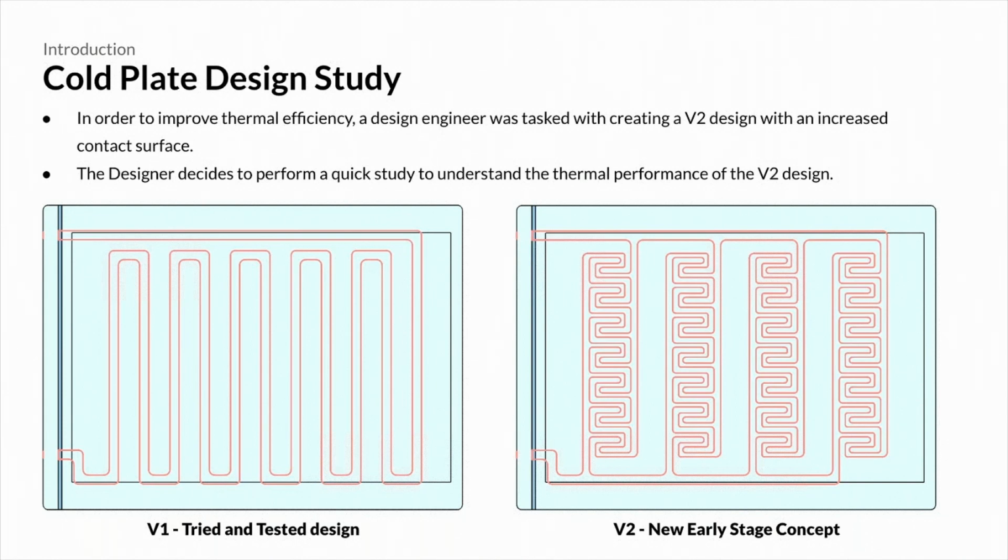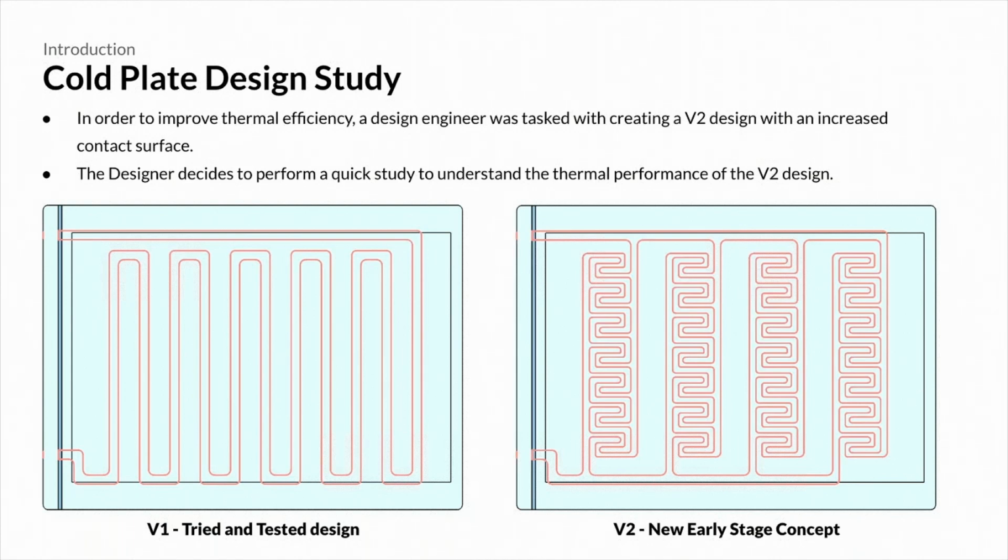We're looking here at a stage 1 design, a version 1 tried and tested design that has been used by an engineering firm to cool their battery packs. But there's a design engineer looking at an early stage version 2 concept, and the designer wants to perform a quick study to understand the thermal performance of this new V2 design.